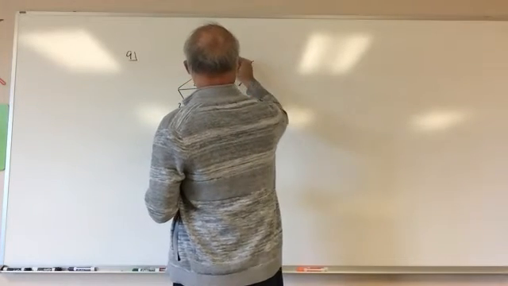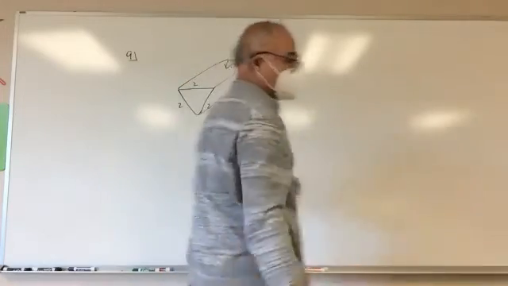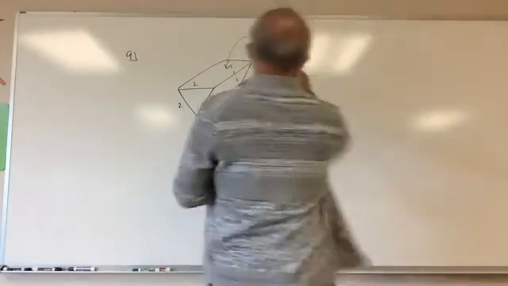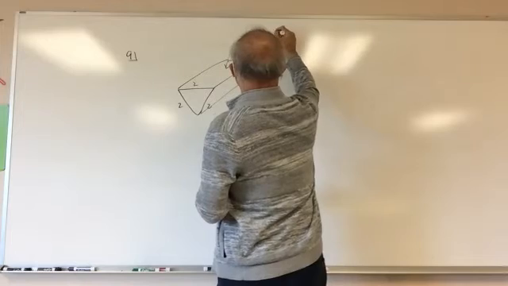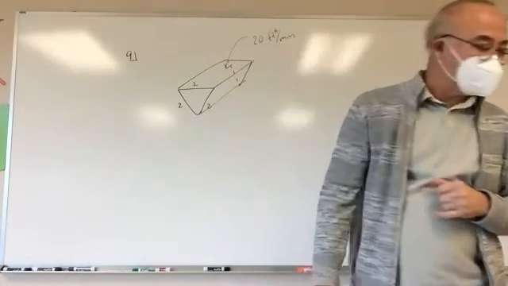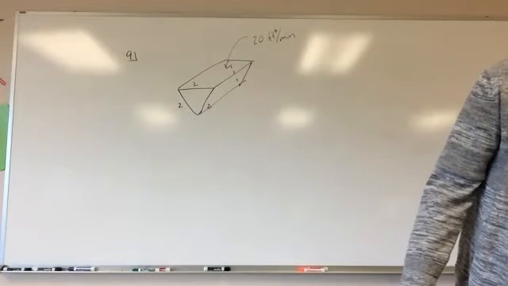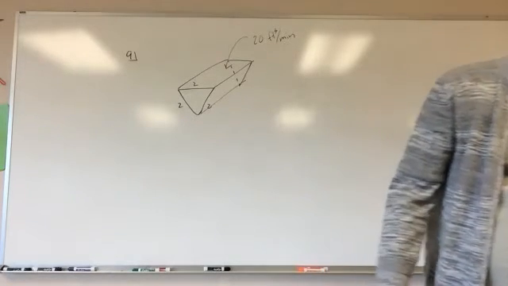It's a big trough. And then water is going in here at 20 cubic feet per minute. That's a lot of water. Going in, and the question is, how fast is the water level rising in feet per minute?